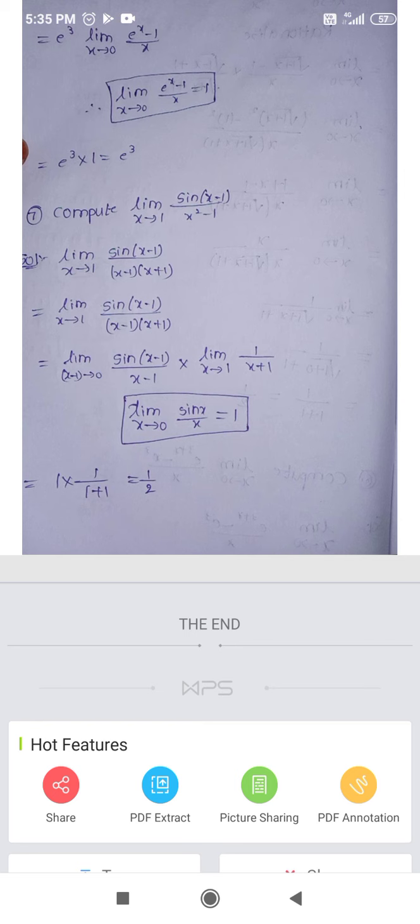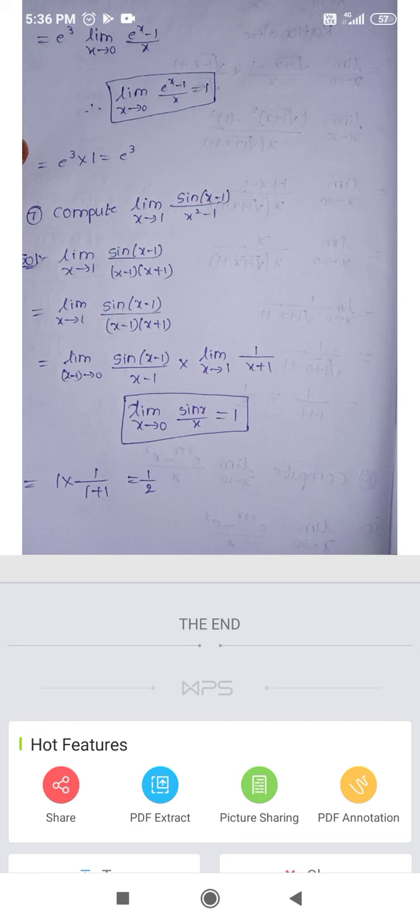So there is a formula for this. We have separated both, and we wrote limit x minus 1 tends to 0, sin of x minus 1 by x minus 1 into limit x tends to 1 of 1 by x plus 1. So sin x by x means the answer is 1. Here x minus 1 is there, but the sine function and denominator are the same.